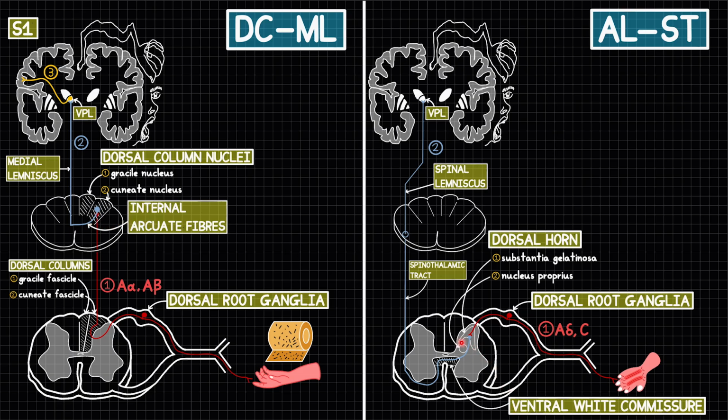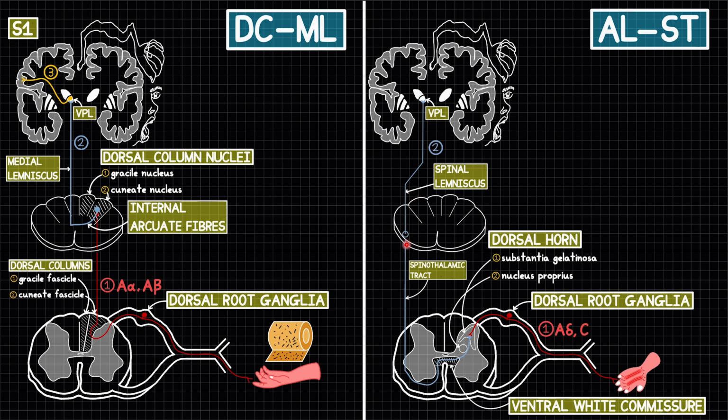So decussation in spinal cord versus decussation in brainstem. Number three, after the decussation, the DCML ascends contralaterally via the medial lemniscus. Here, it ascends contralaterally in the ALST pathway via the spinothalamic tract in the spinal cord and the spinal lemniscus in the brainstem.